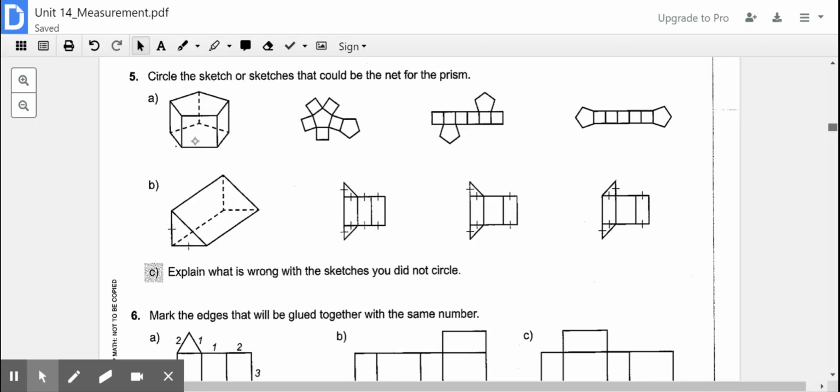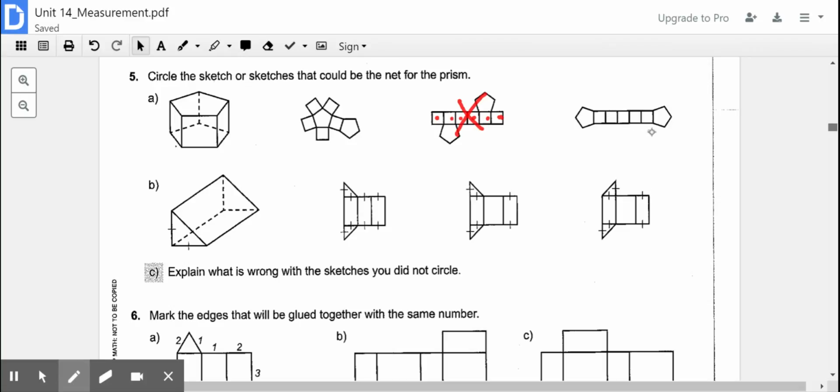Now, looking at these pentagons, they have 5 sides, so I know that I'm going to have 5 rectangles for them. The first one is 5 rectangles. The second one has 6 rectangles, so it cannot be that one there, because you can see there's 1, 2, 3, 4, 5, 6. That's too many.